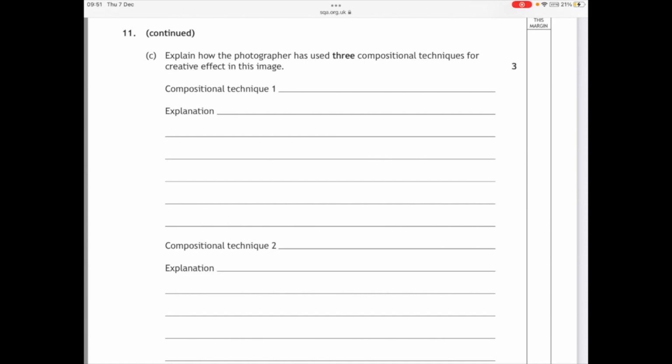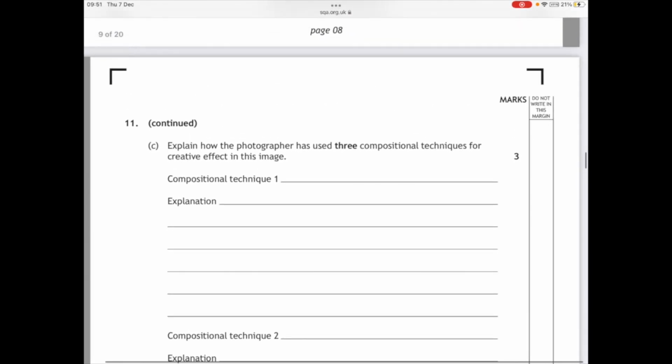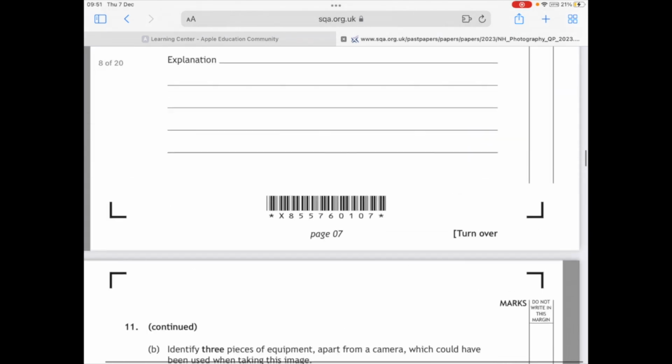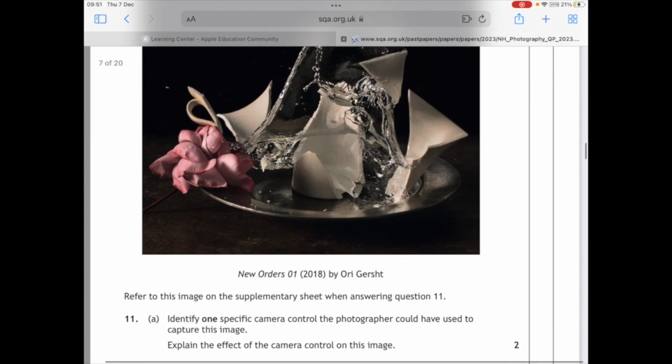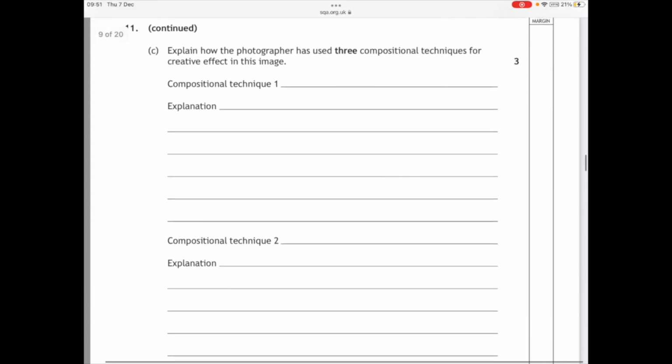So what is the effect of that compositional technique on the picture? Make sure that you're writing about that. If you want to pause, try this question and then see how you get on. If you want to have the image up larger, you can download this paper from the SQA website.